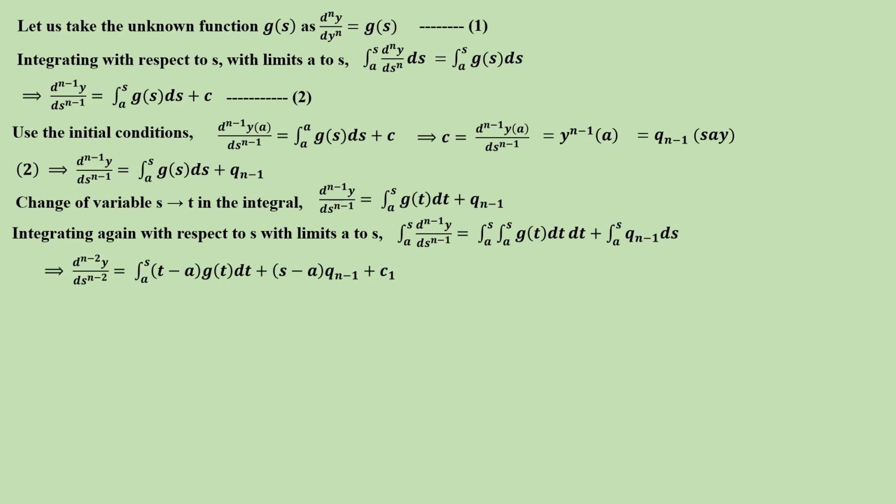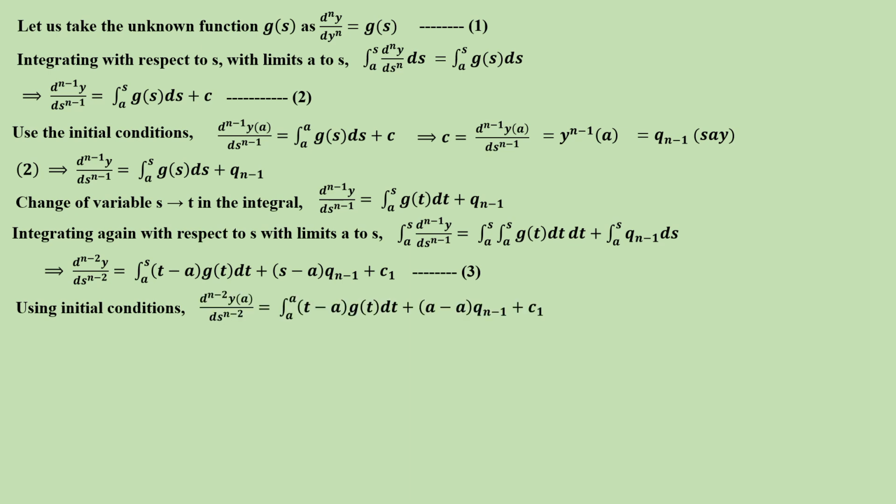Within the integral we take t instead of s, because the integration is with respect to t the second time. We just change the variable, so we put dt. And the second term is (s minus a) q_(n-1), plus the integration constant c1. This is the third equation.